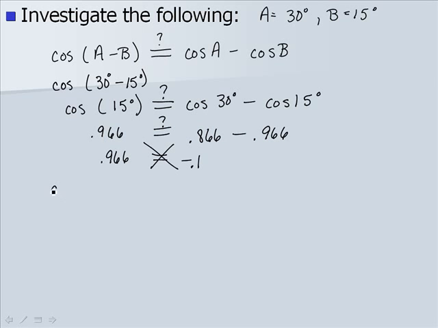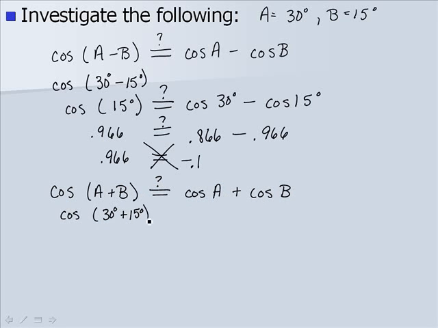Let's try the same thing with addition. We want to do the cosine of A plus B, and we want to see, is that going to be equal to the cosine of A plus the cosine of B. So now we have the cosine of 30 plus 15 degrees, which is the cosine of 45 degrees. And we want to see if that is equal to the cosine of 30 degrees plus the cosine of 15 degrees.